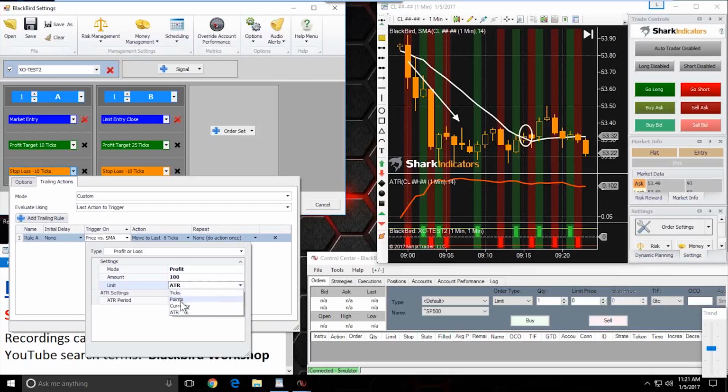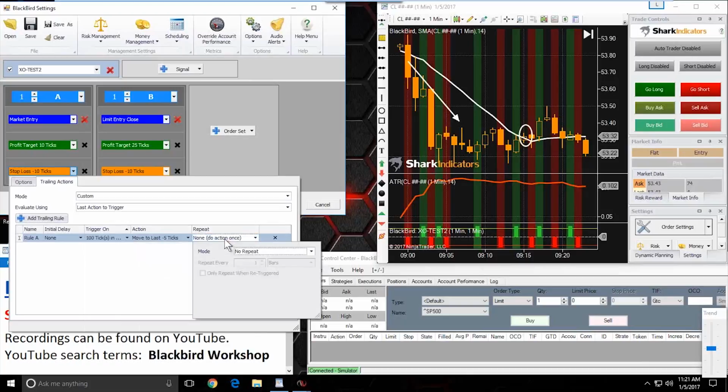All right, but ticks, points, those will be calculated on a tick basis in real time. So there you go. I think that pretty much completes it. That's the rule of thumb there on how trading rules are evaluated, right?